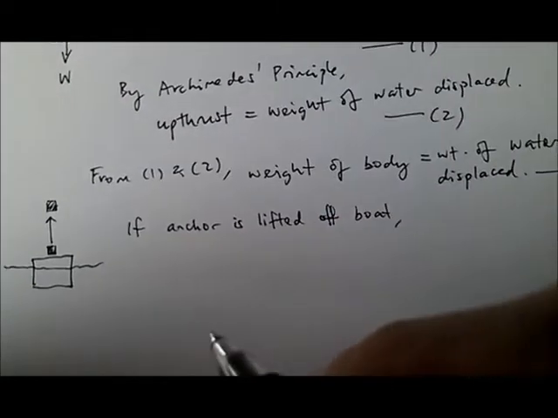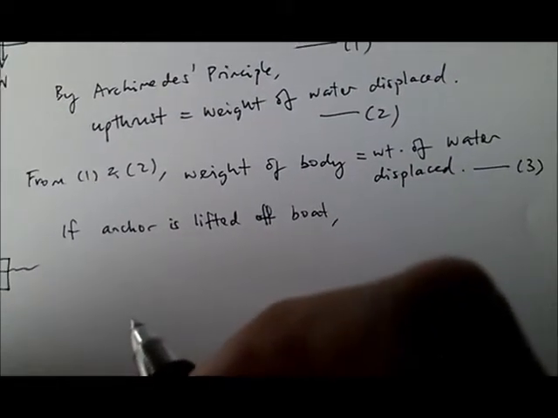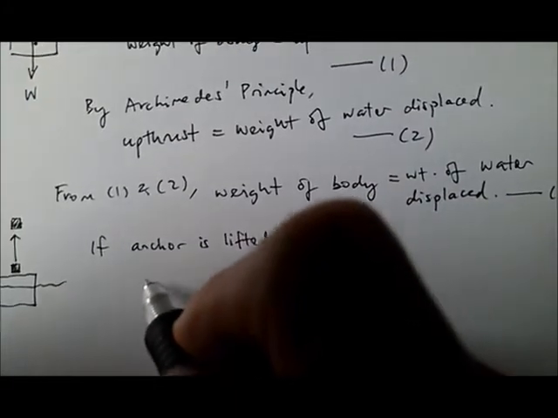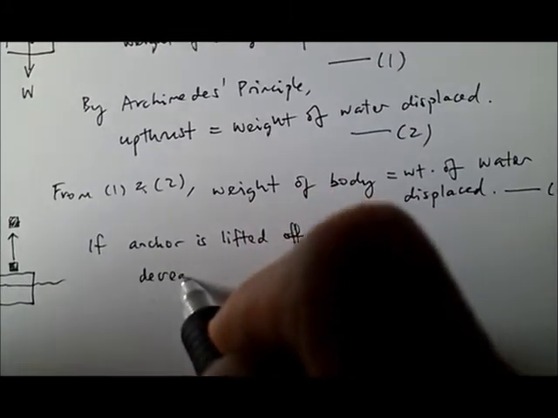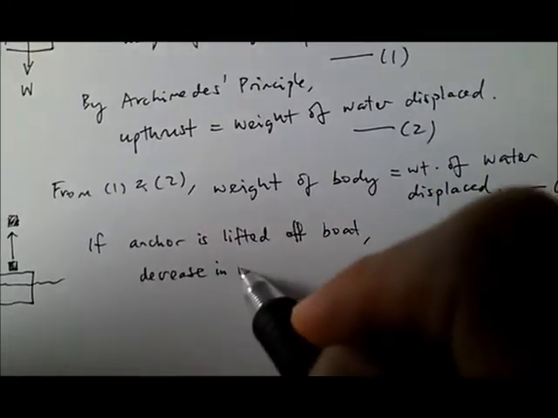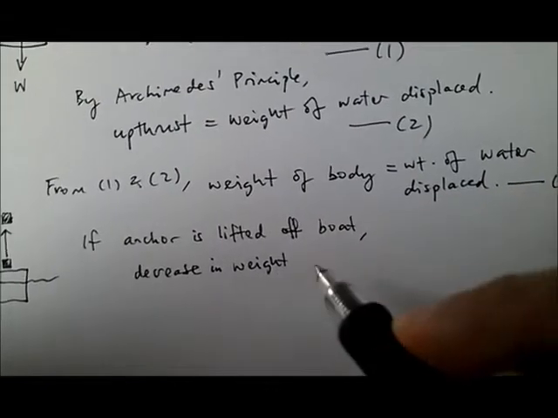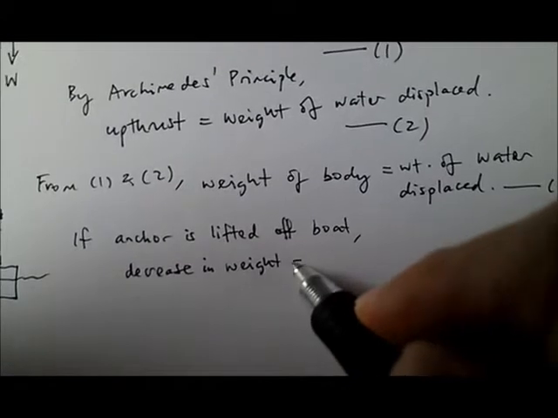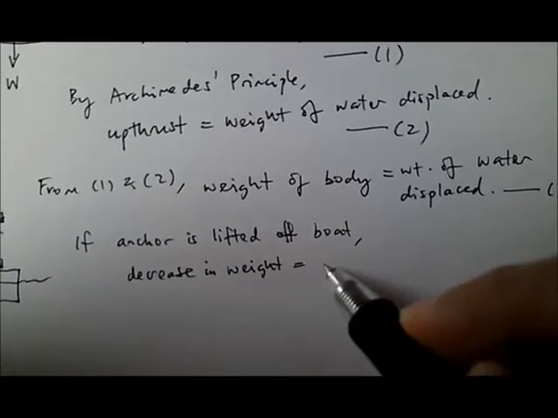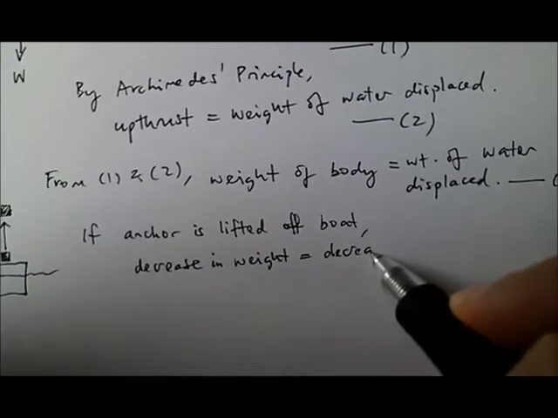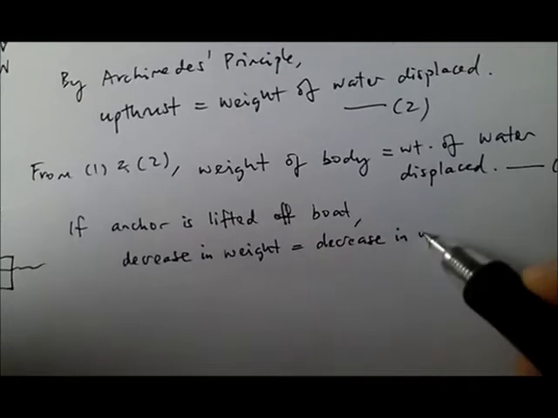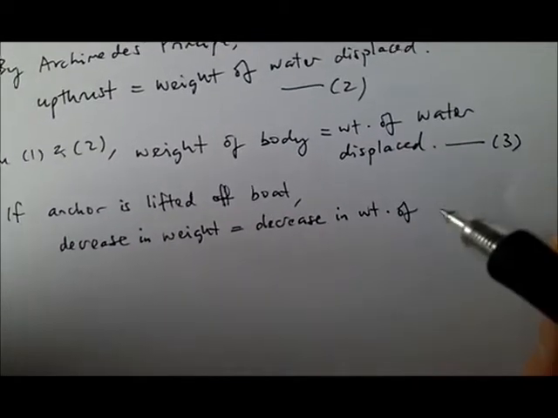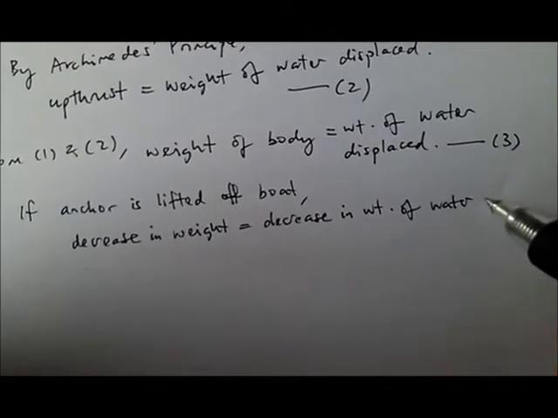there will be a reduction in the weight of the system. So there will be a decrease in weight of the system, and this will be equal to a decrease in the weight of the water displaced.